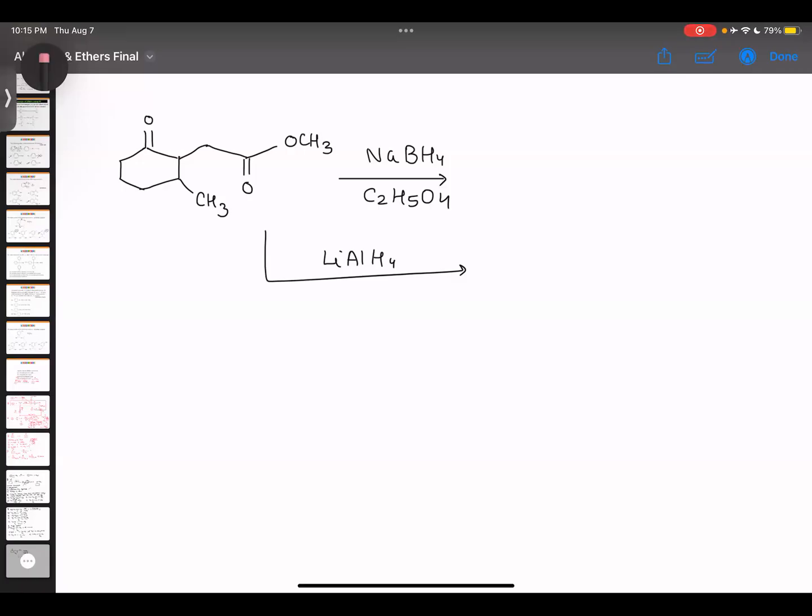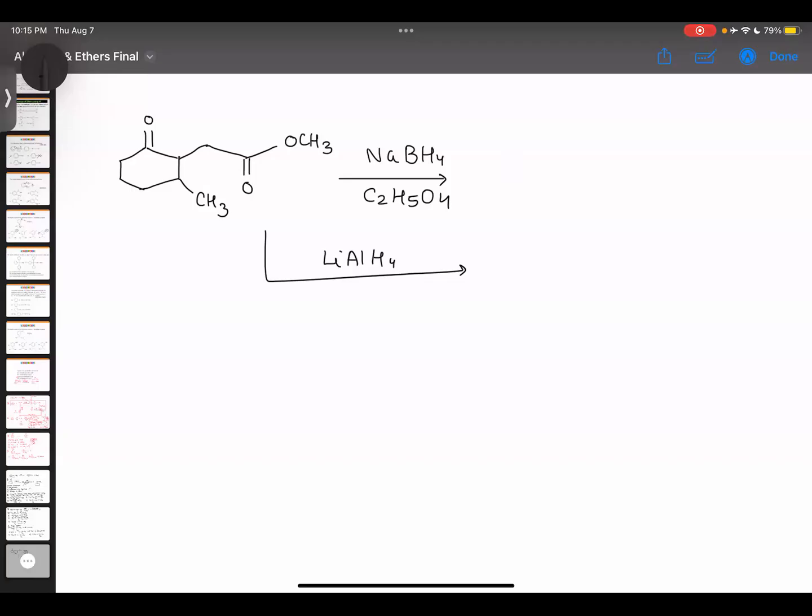NaBH4 can reduce only aldehydes and ketones, and RCOCl, mainly aldehydes and ketones. No carboxylic acid, no ester, no anhydride, no amide. NaBH4 is a weak reducer, and LAH is a strong reducer. Is it clear?